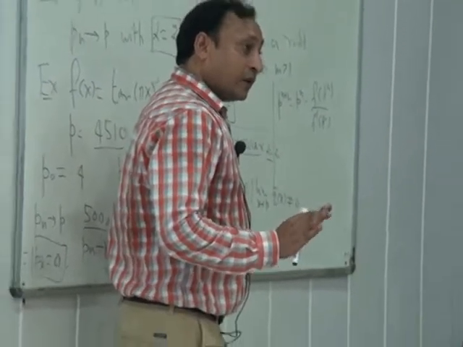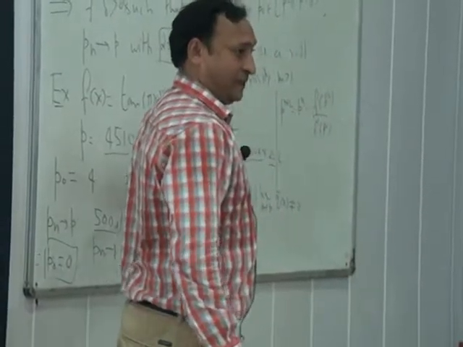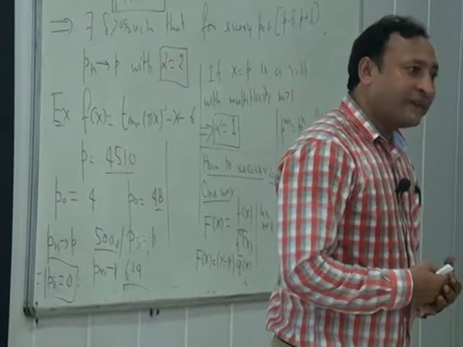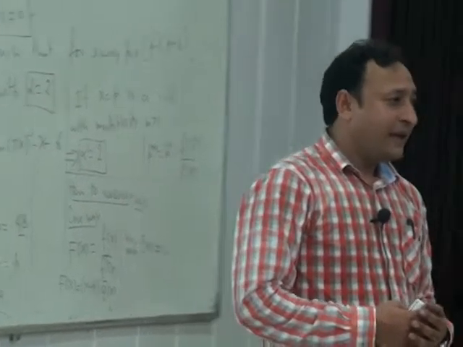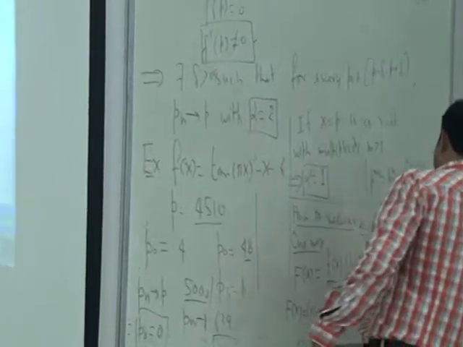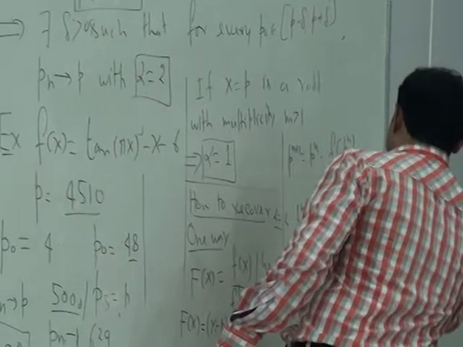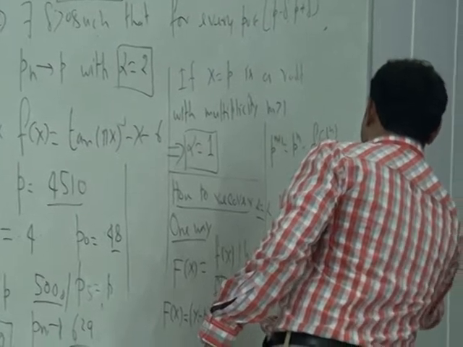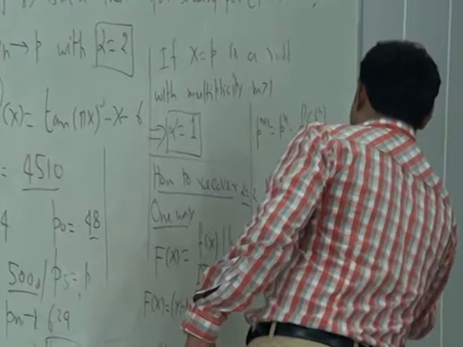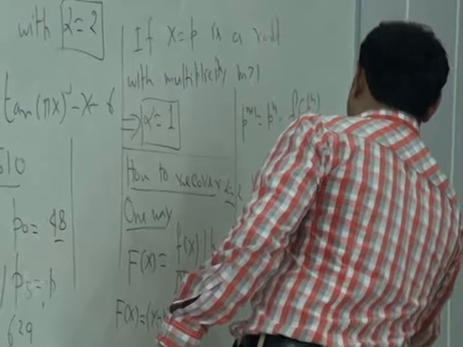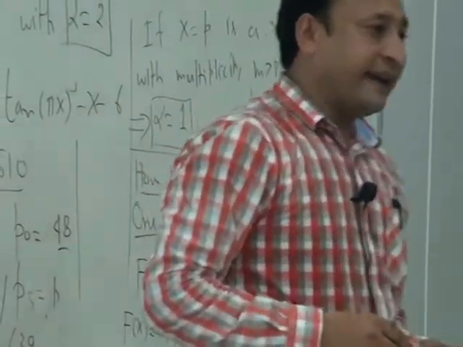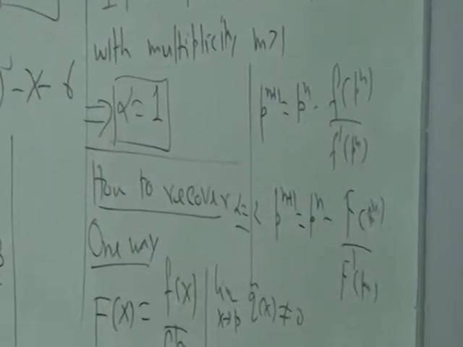Yes. So now I will work with capital F. I will not work with the small f. And so what is my scheme now? With this, my scheme will be Pn plus 1 equal to Pn minus F(Pn) divided by F dash Pn.